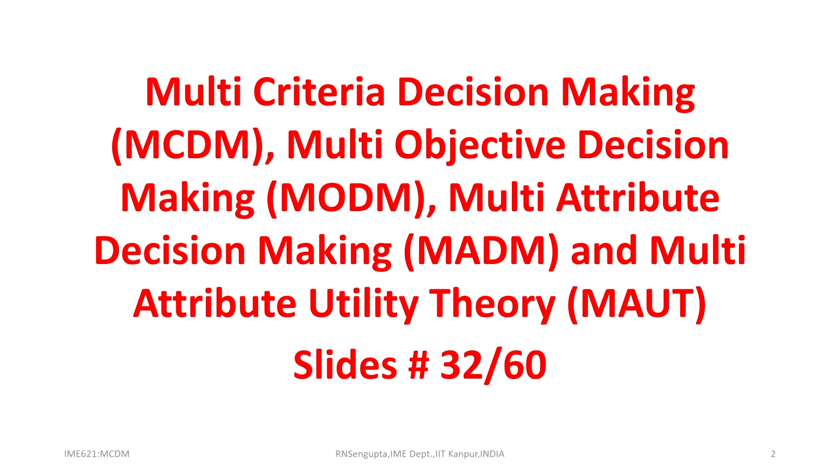So, the broader concepts which we are still continuing to discuss are multi-criteria decision making and multi-objective decision making, which we will continue in this lecture. Then we go into multi-attribute decision making and multi-attribute utility theory.